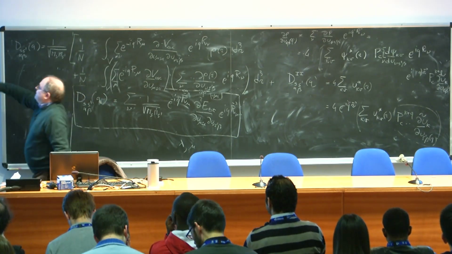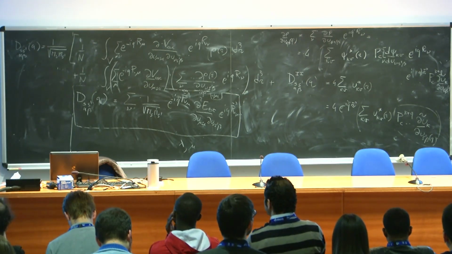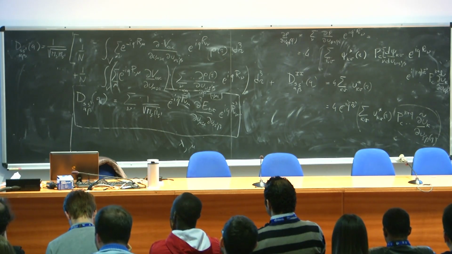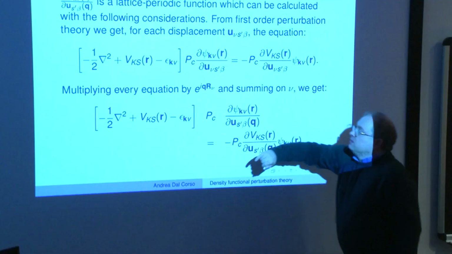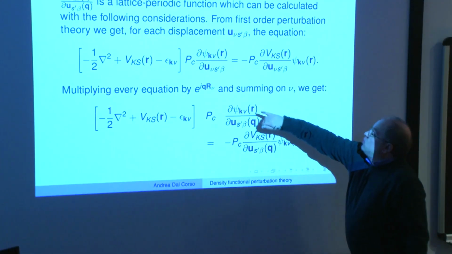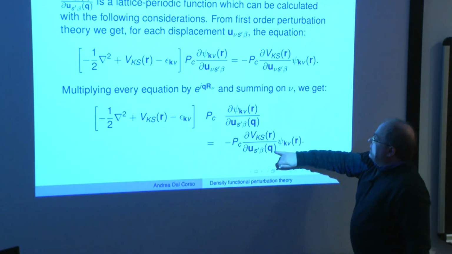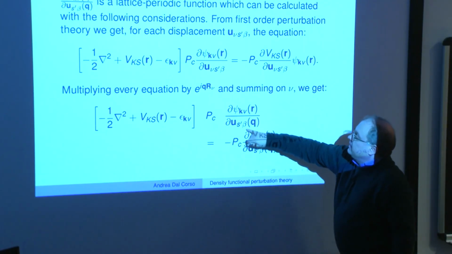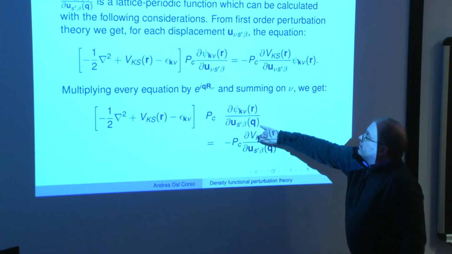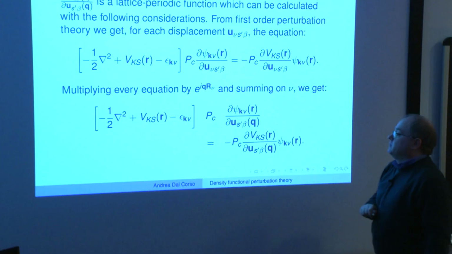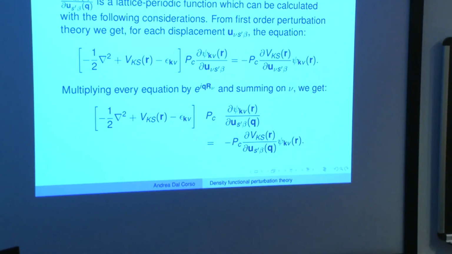So from our linear system that is written like this, we arrived at this in terms of mu. If we now multiply by e to the i Q R nu, and sum over nu, basically we obtain an equation like this, where here we have the derivative with respect to Q with the same definition that we did so far.